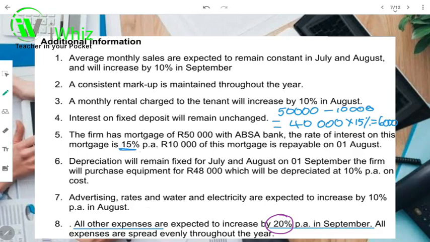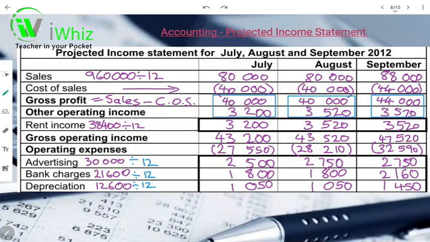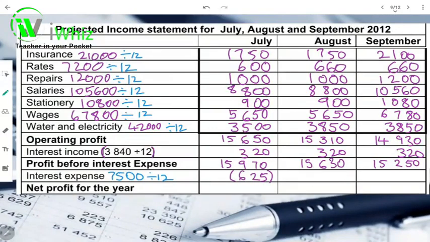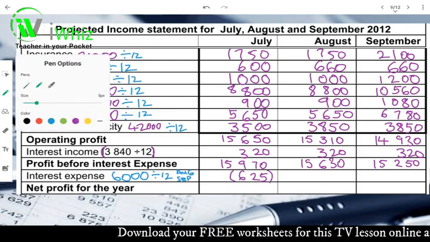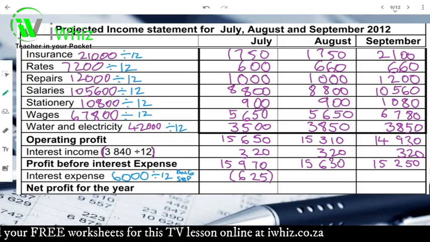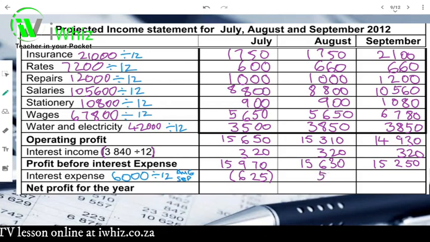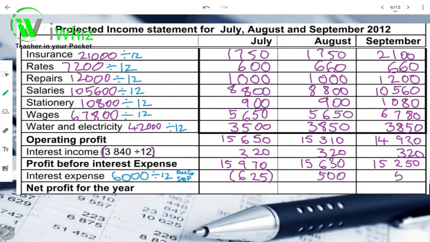So we're going to take that 6,000 Rand for the month of August and September. So we're going to take here your 6,000 Rand and divide it by 12 months for August and September. 6,000 divided by 12, wizards, easy calculation, 500 Rand.